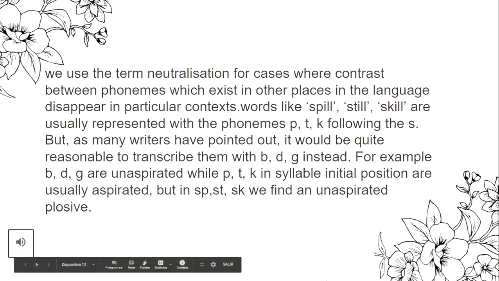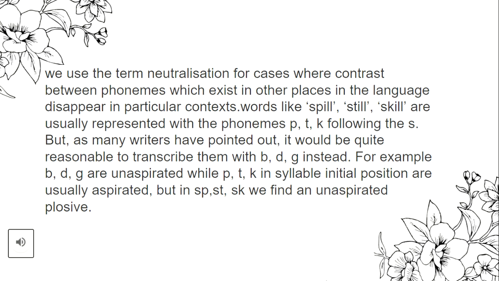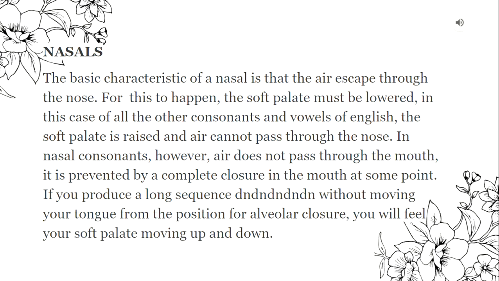We use the term neutralization for the cases where a contrast between phonemes, which exists in other places in the language, is lost, particularly with words like spill, steal, skill.